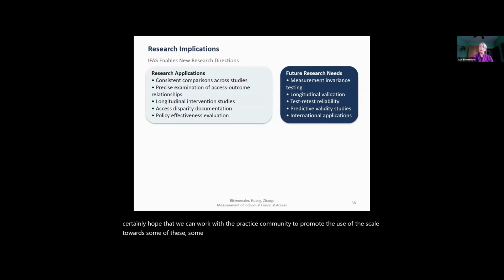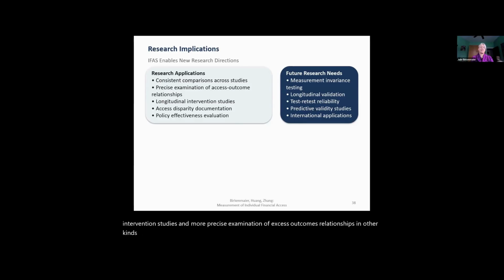In terms of research, as I mentioned, what we're hoping is that this would enable consistent comparisons across studies. So what financial access is measuring in one study could be the same as in these different studies, and be able to look at trends over time and enable more longitudinal intervention studies and more precise examination of access-outcomes relationships in other kinds of studies.